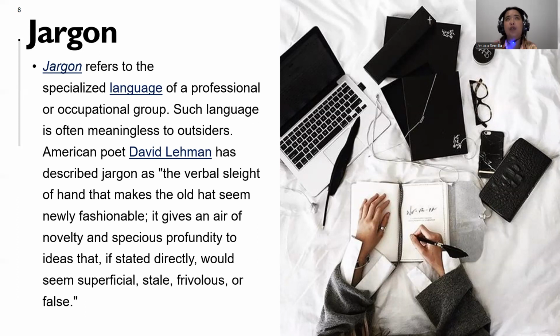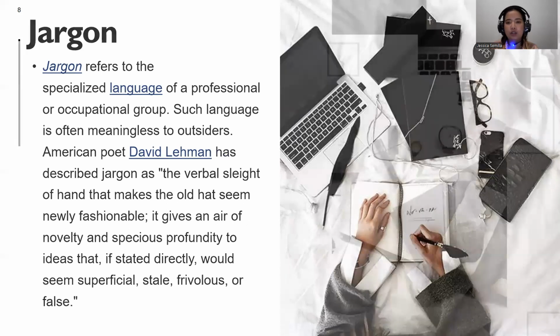So for example, for us teachers, we have what we call PT, which we look into as practice teaching. But if you look into the health fields, PT is either pregnancy test or physical therapy. Okay. So again, jargon refers to specialized language. So this is superficial, stale, frivolous, or false.